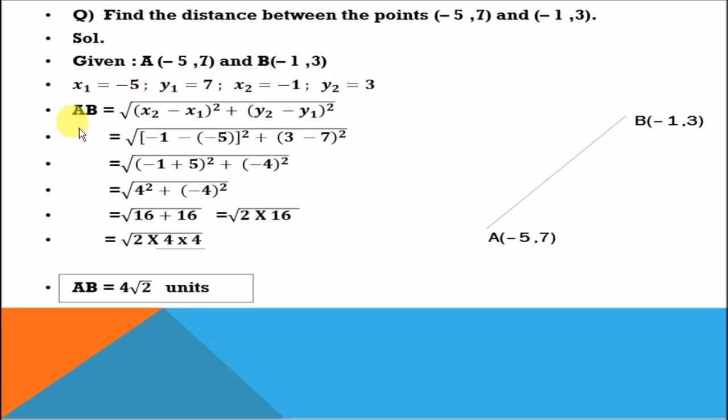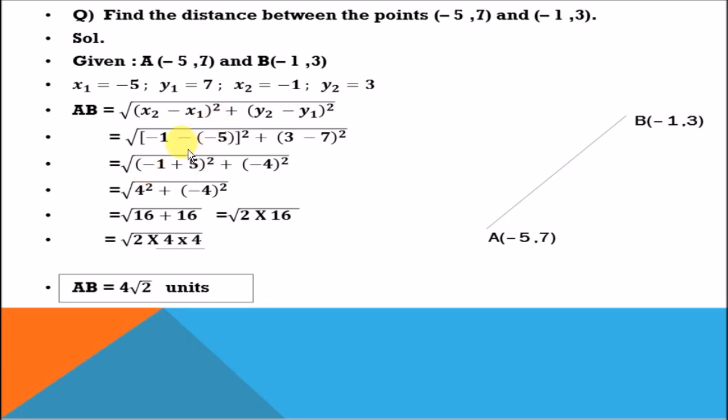So now AB will be equal to the distance formula, root over x2 minus x1 whole square plus y2 minus y1 whole square. Second coordinate minus first coordinate, B minus A. So see, minus 1 minus minus 5 whole square plus 3 minus 7 whole square. Next step, minus 1, now minus into minus is plus.